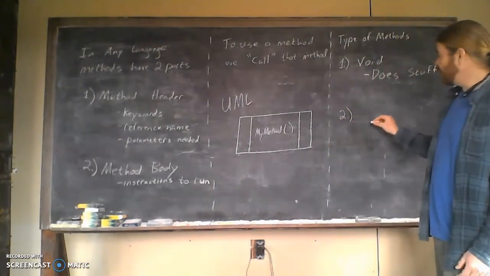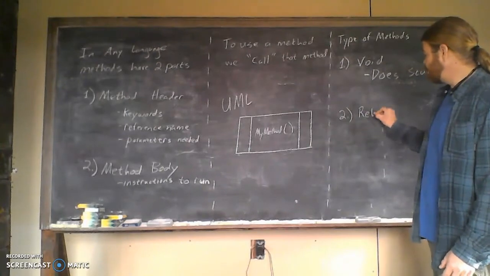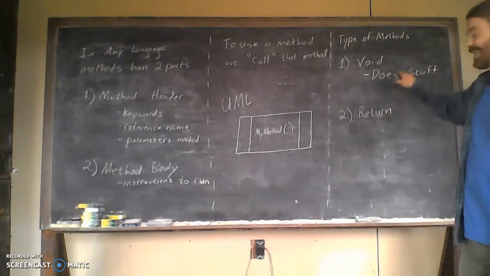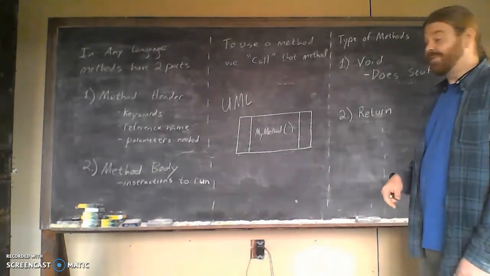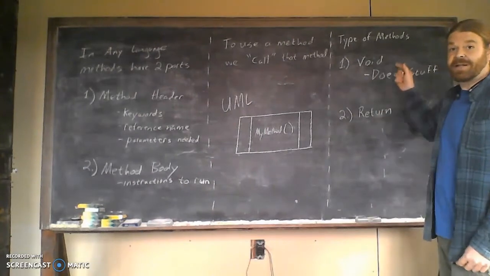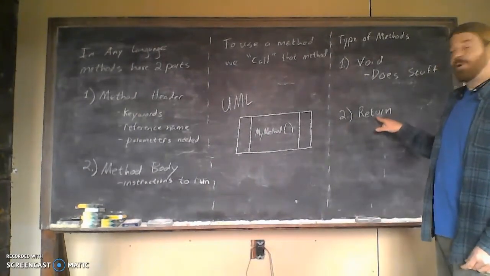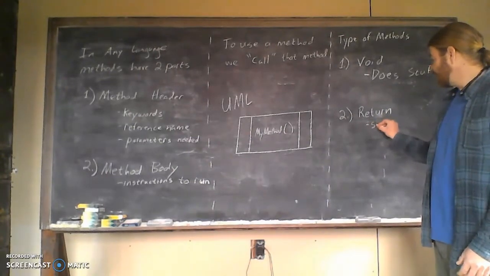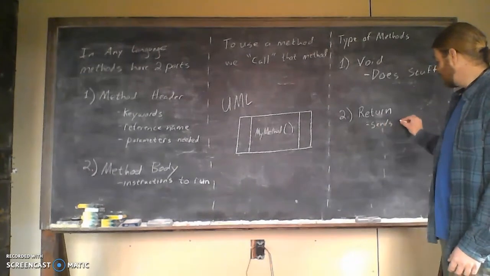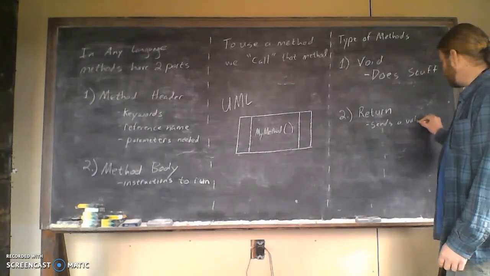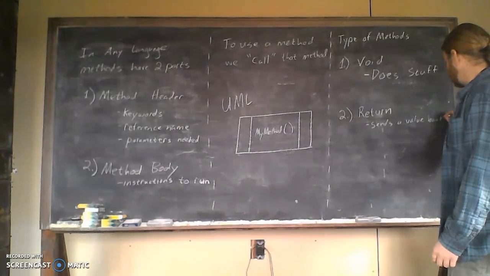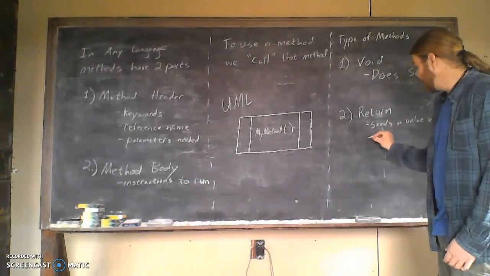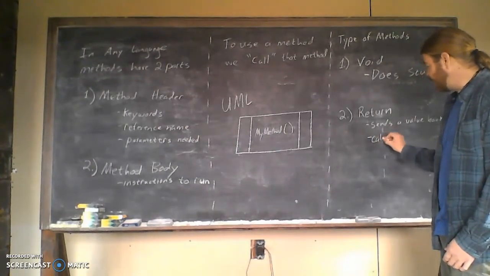And our second main type is going to be a return function. That's why I hastily changed that original definition I started giving there, because I didn't want to use that word in that other definition. But a return does kind of that. It sends a value back. Or maybe they go with this. A void function does stuff, and a return function calculates stuff.